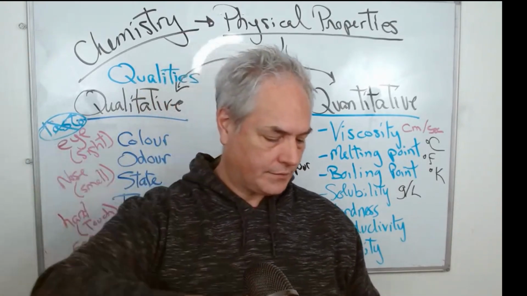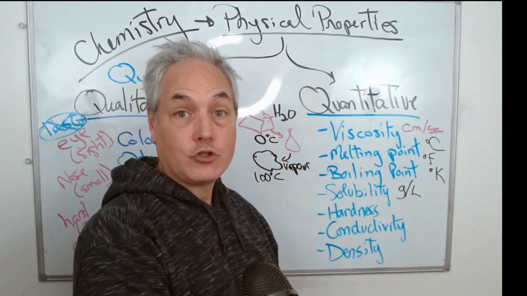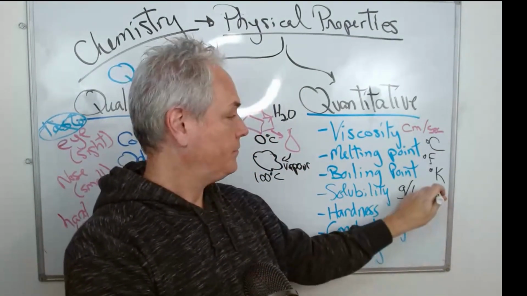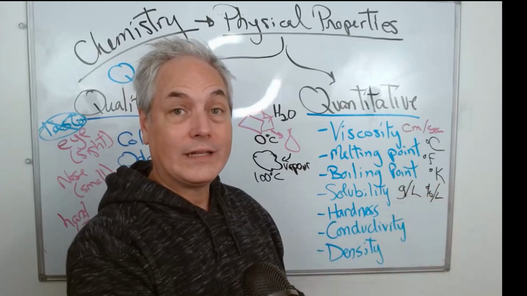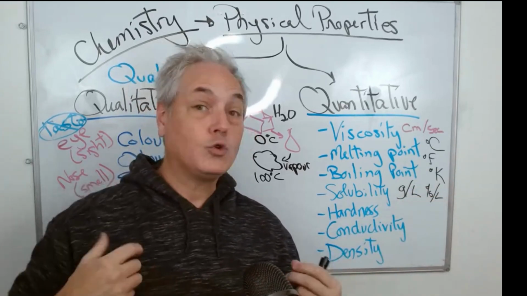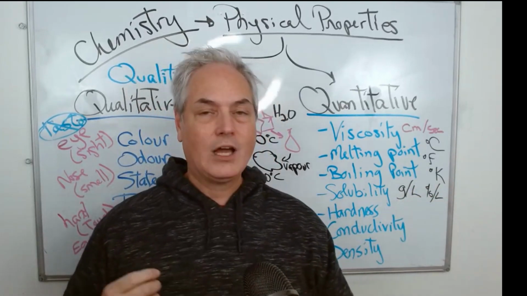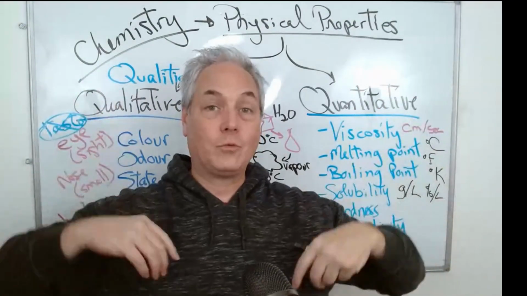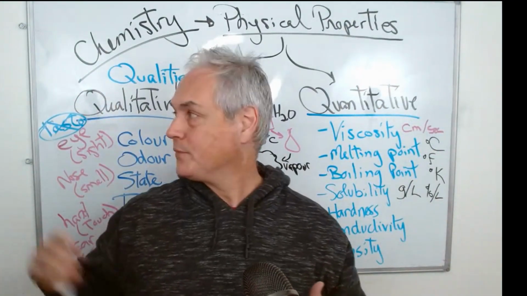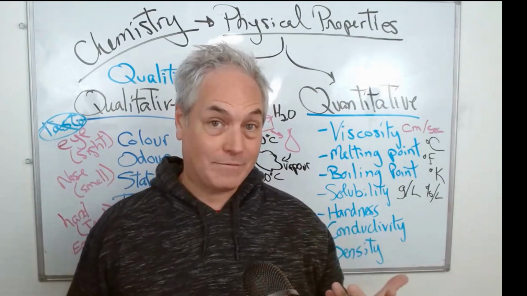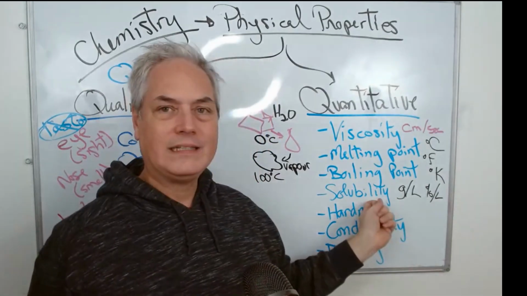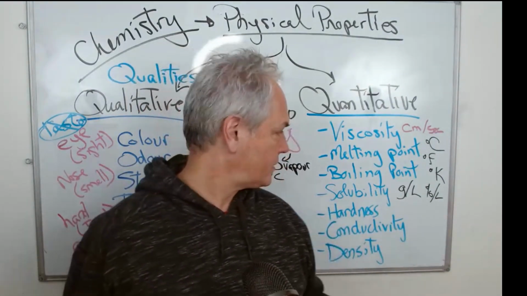So here you have grams of a substance per liter or percentage per liter. The solubility of something that we dissolve in water is something specific. So for all of the bottles from the same companies, if they have 5% solubility, that makes a difference.